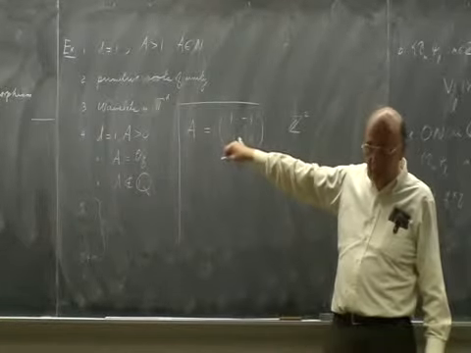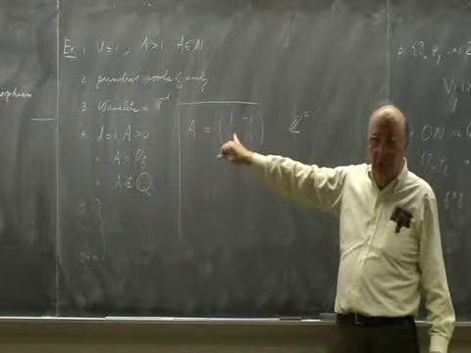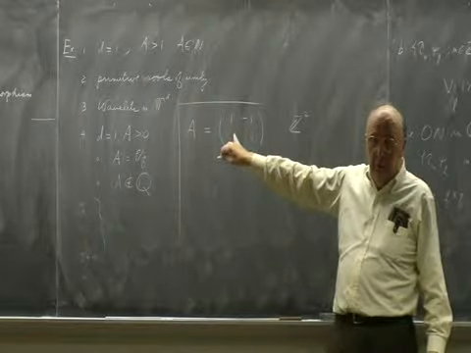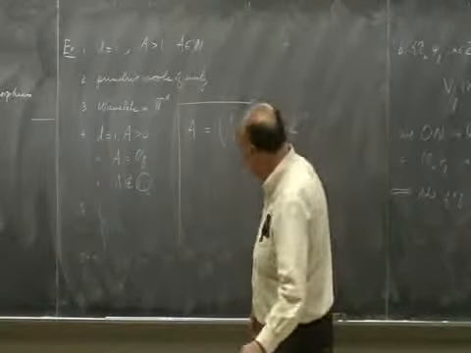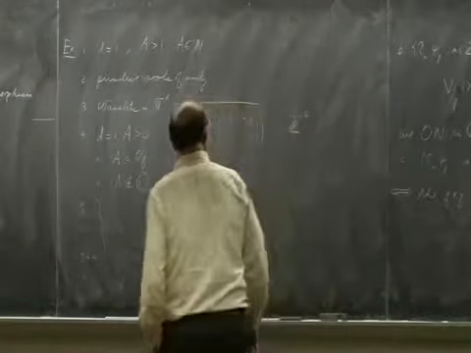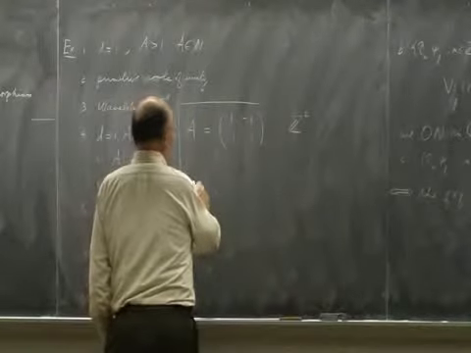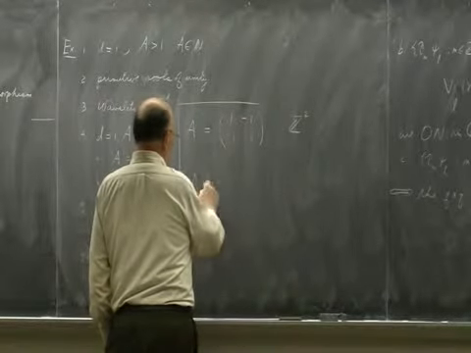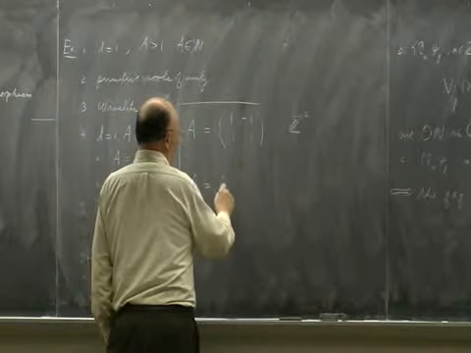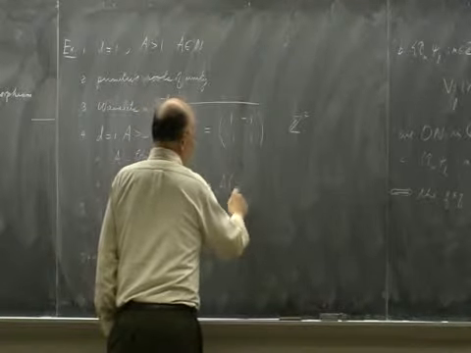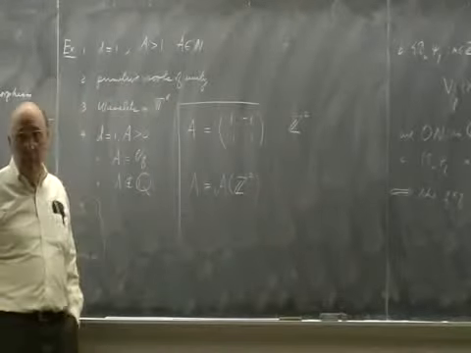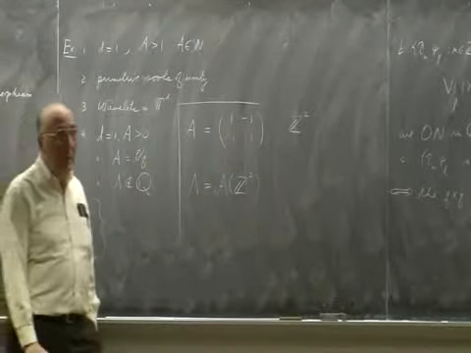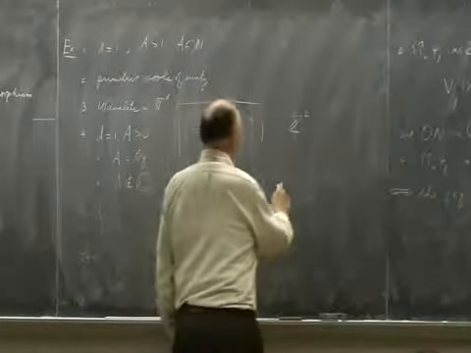One of the things that this does is, it generates very interesting lattices also. Because if you look at this lattice here, that's not Z2. That's the so-called quincunx lattice.